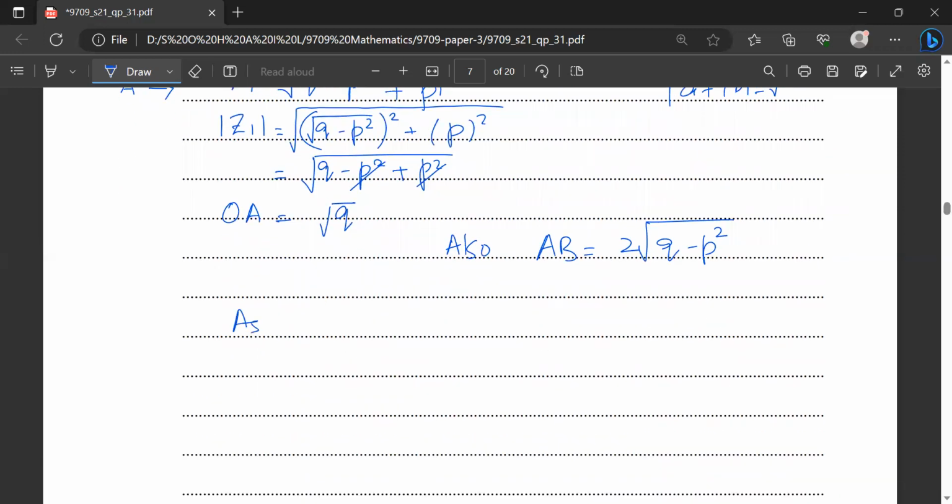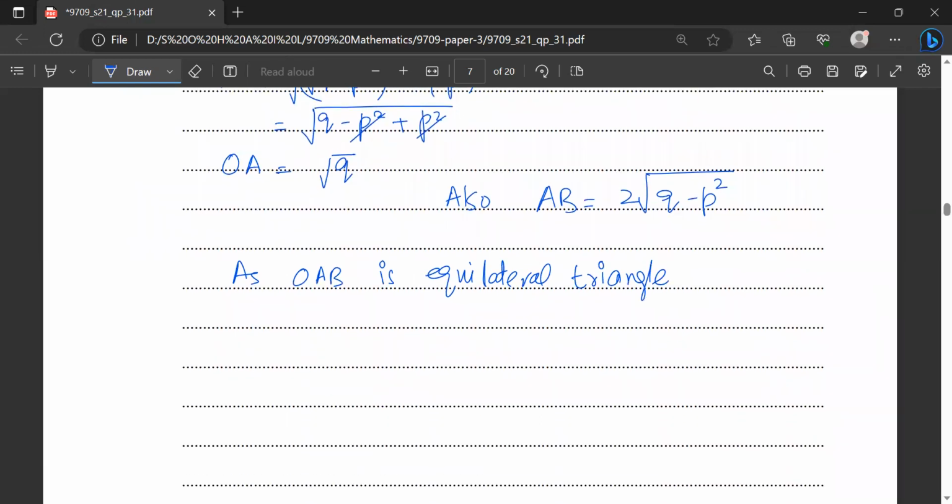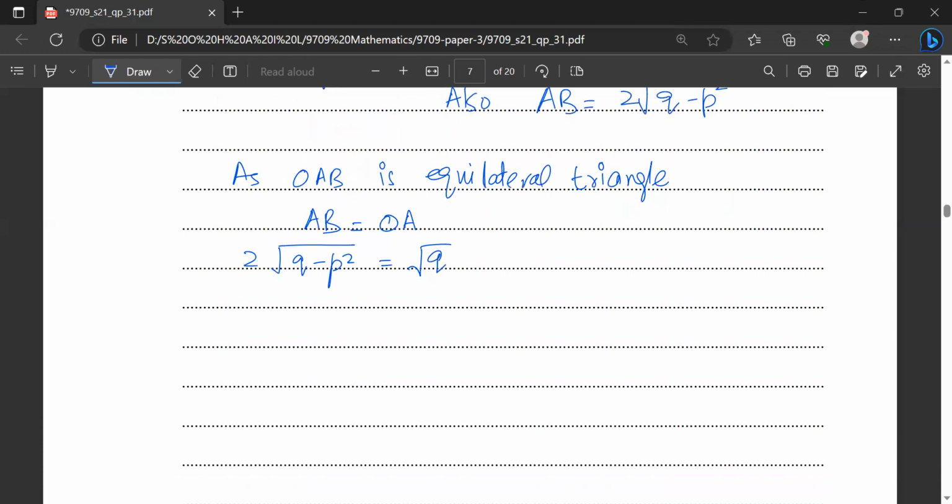As OAB is an equilateral triangle, AB length is equal to OA length. So 2 into q minus p square is equal to root q.